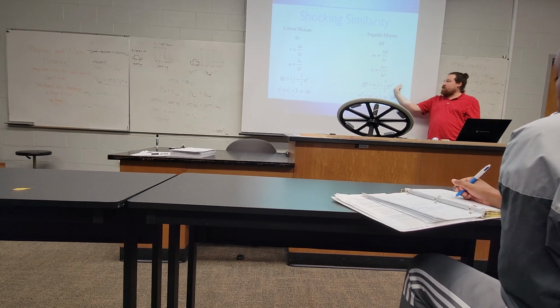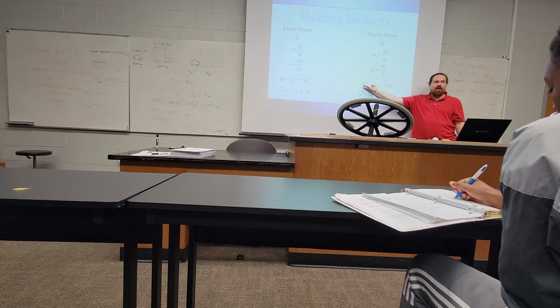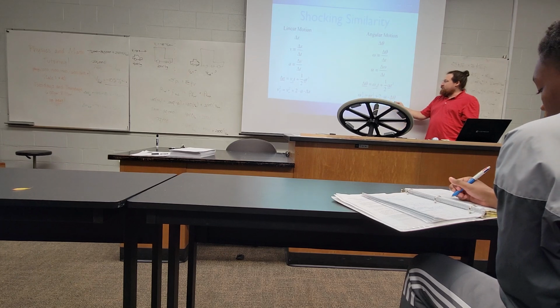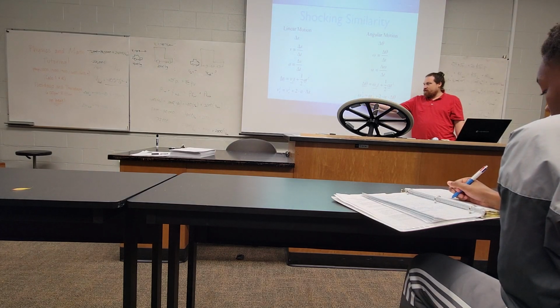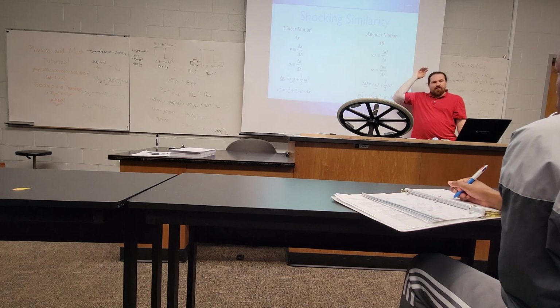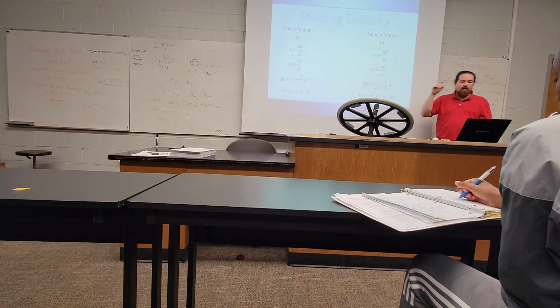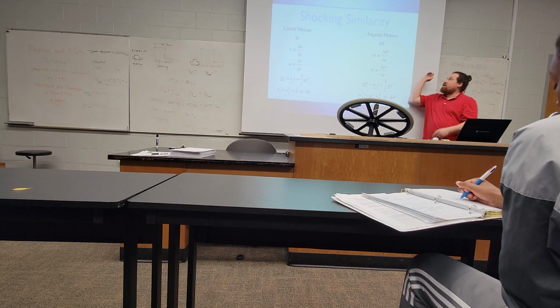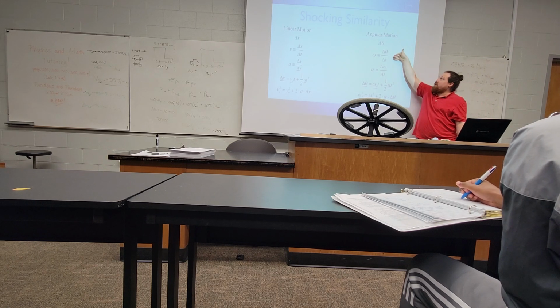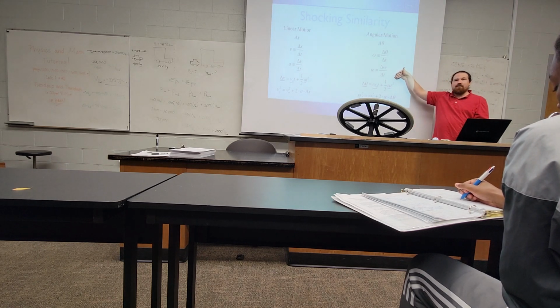If you're accelerating over time, you are displacing while that happens, and as you displace while accelerating, your velocity changes. Same formulas, just Greek instead of English, or I guess Latin letters, and also radians in place of meters. So we've got radians, radians per second squared.